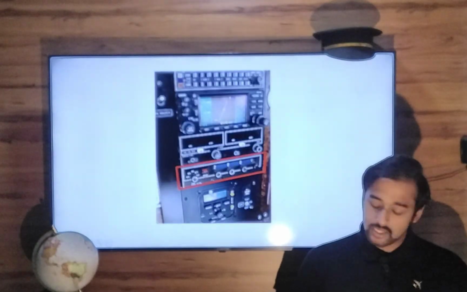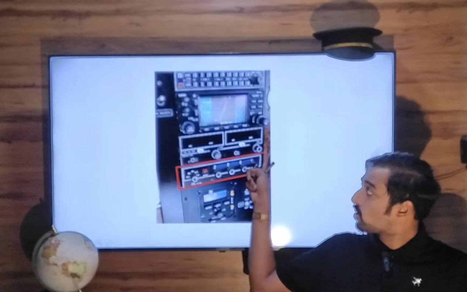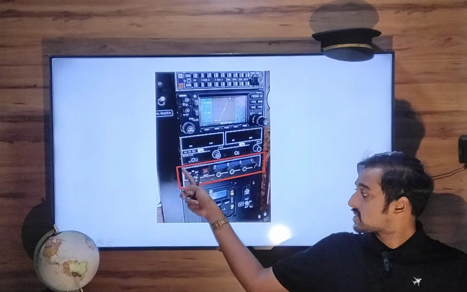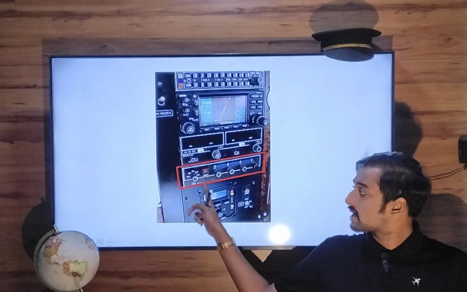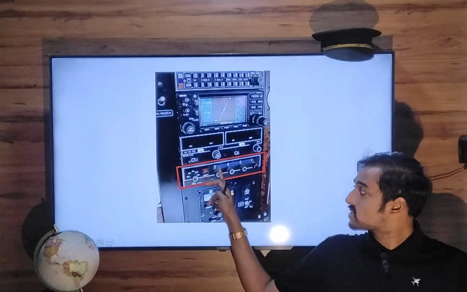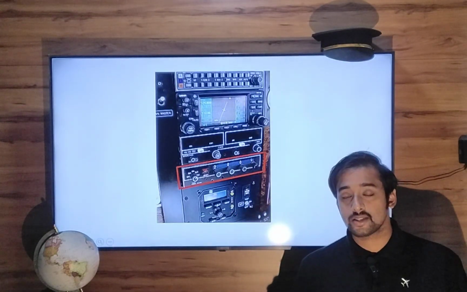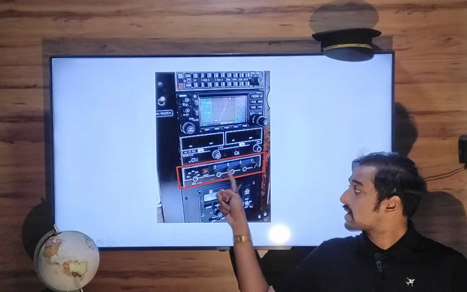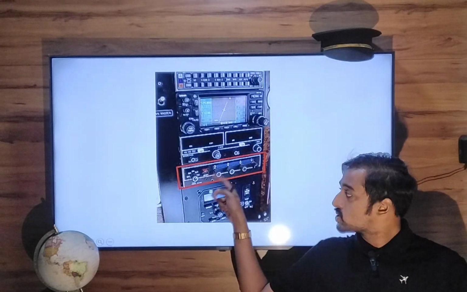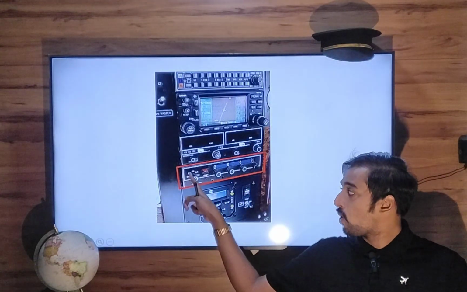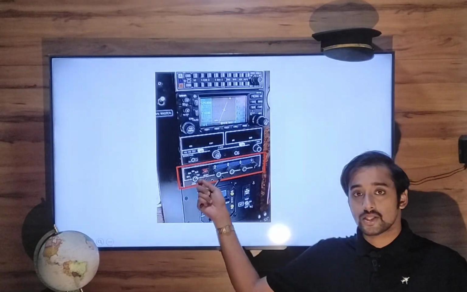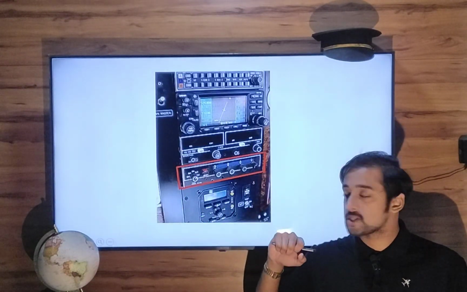Before that, this is how a transponder looks in your Cessna aircraft or any other trainer aircraft. You have this four-digit code. Whatever transponder code is given to the pilot by ATC, he can put that code in it. Also, you have options of off, alt, on. Using this knob, you can select the option.